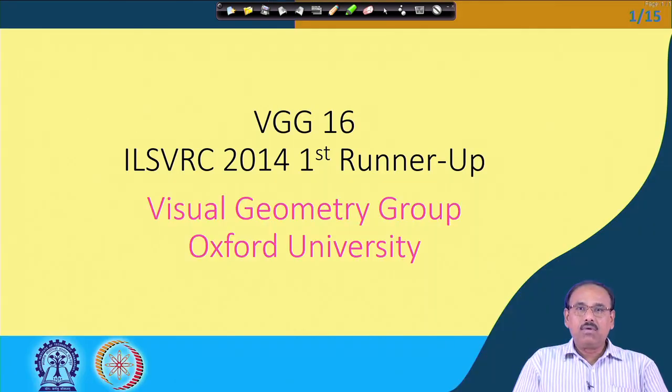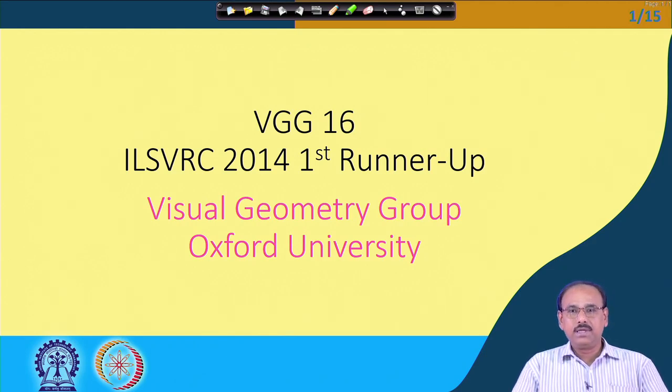So, let us see what the architecture of the VGG-net is. VGG is an acronym for Visual Geometry Group, and VGG16 is a network having 16 different layers. When I say 16 layers, these are the layers which have tunable parameters. There are other layers like the max-pool layer, which does not contain any tunable parameter.